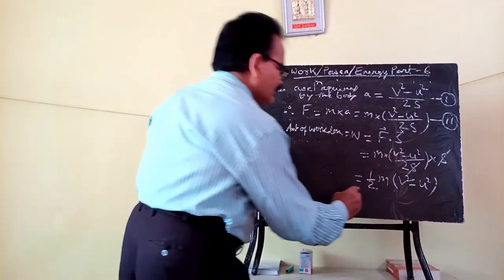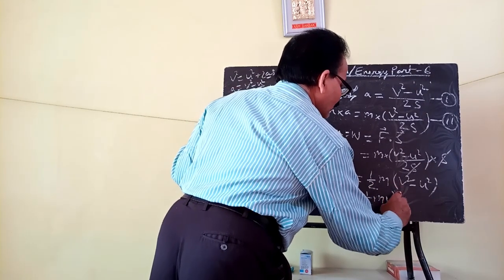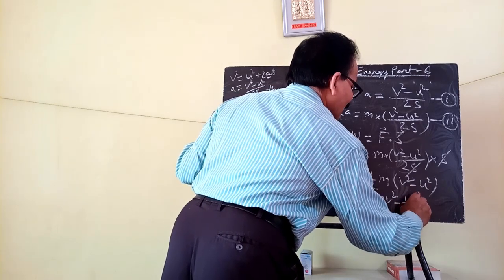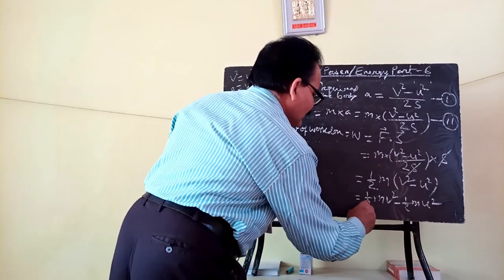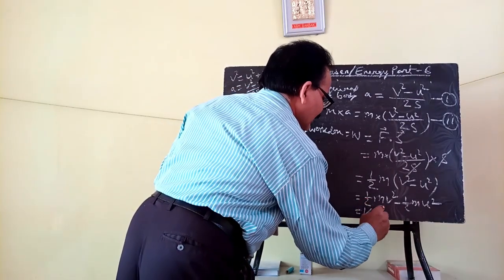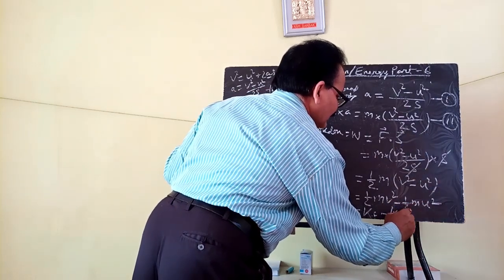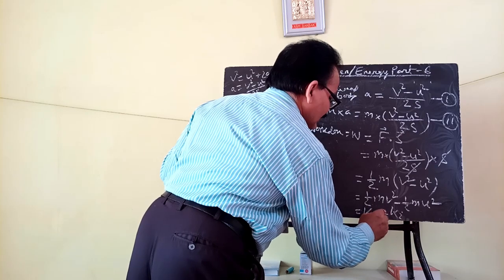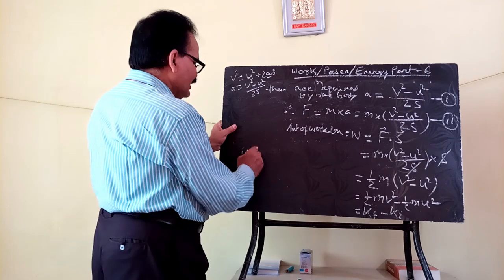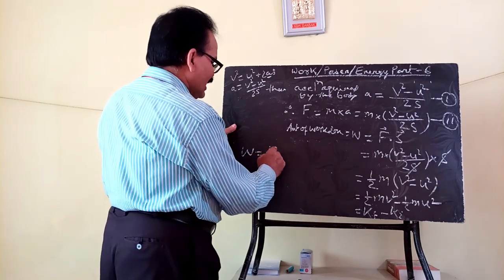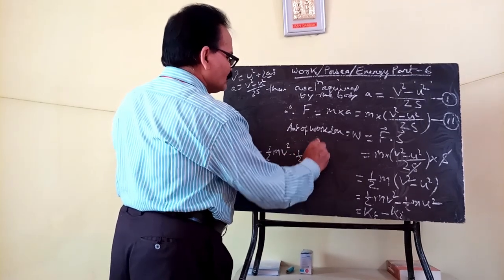If you split up the bracket, this will be half m v square minus half m u square. So that means this is your final kinetic energy Kf, and this is your initial kinetic energy Ki. So you have seen that the work done W is half of m v square minus half of m u square.